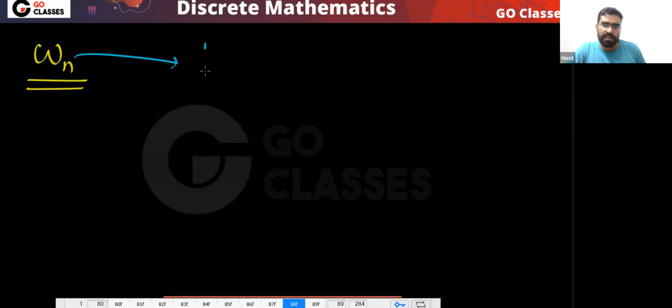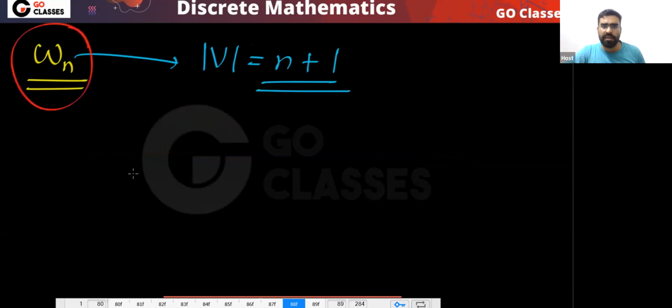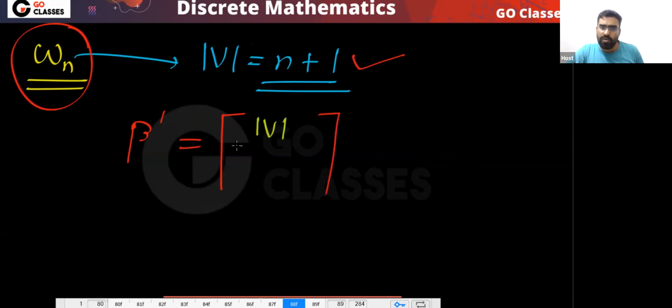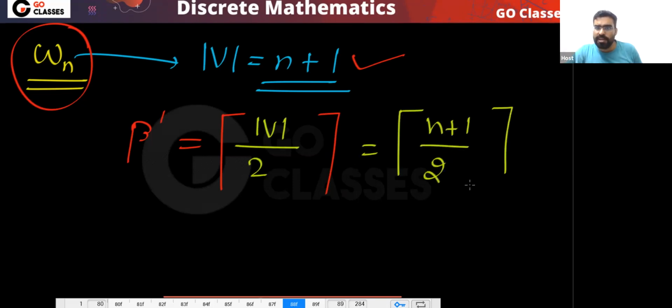In W n, the number of vertices is n plus 1. Remember that. So the minimum edge cover will be equal to the number of vertices divided by 2, that is n plus 1 divided by 2, ceil. This will be the answer.